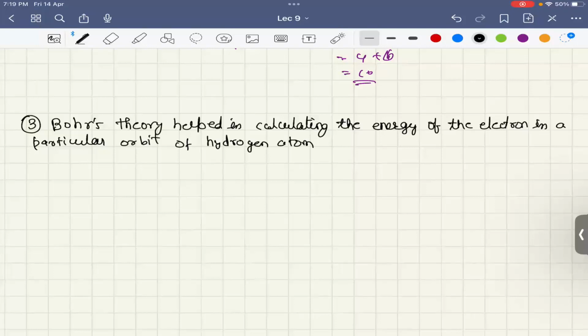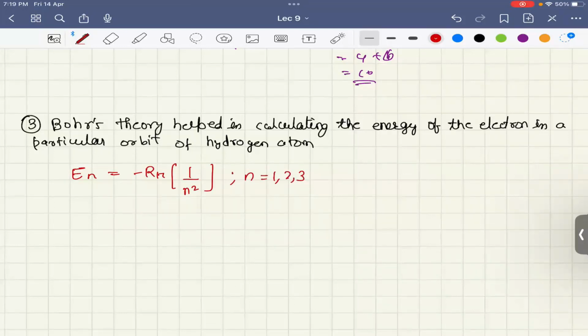In this case, he pictured the hydrogen atom as a system consisting of a single electron of mass m and a negative charge e revolving in a circular orbit. So the expression corresponds to En equals minus RH times 1 by n square, where n equals 1, 2, 3.